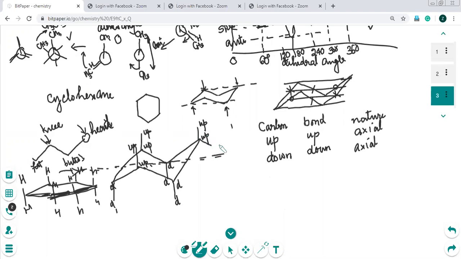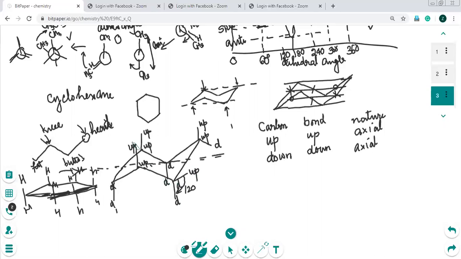So this is a down bond. Now here, this is the down bond, so draw a line at 120 to this. See, this is 120. So this is the up bond here. See very carefully: this is down, therefore this is up.